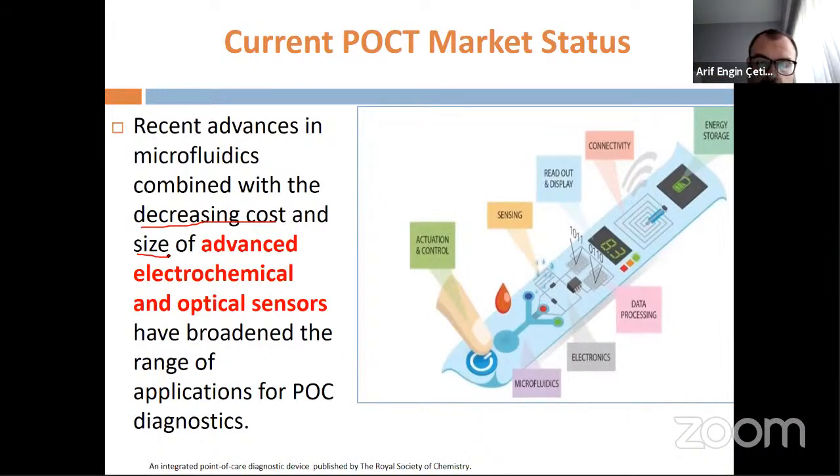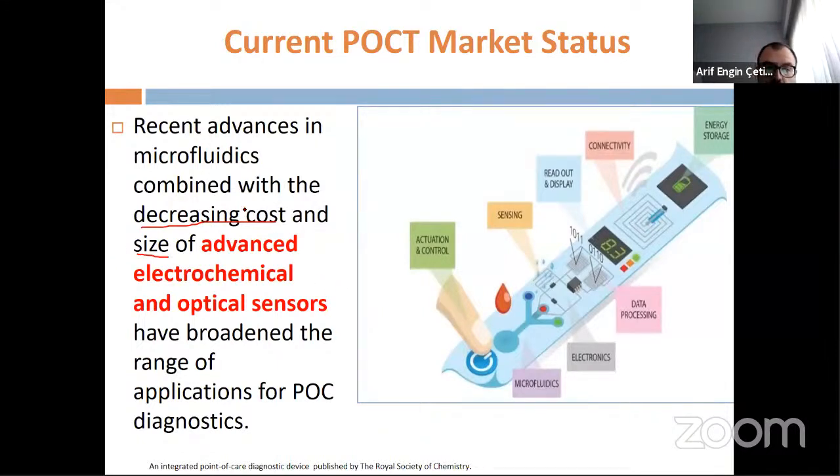environment to fabricate microfluidics. But with the current technology, even in my lab, I'm using, for example, 3D printers to fabricate microfluidic devices. So the cost of making microfluidic devices may be 10,000 times cheaper than 10-15 years ago.